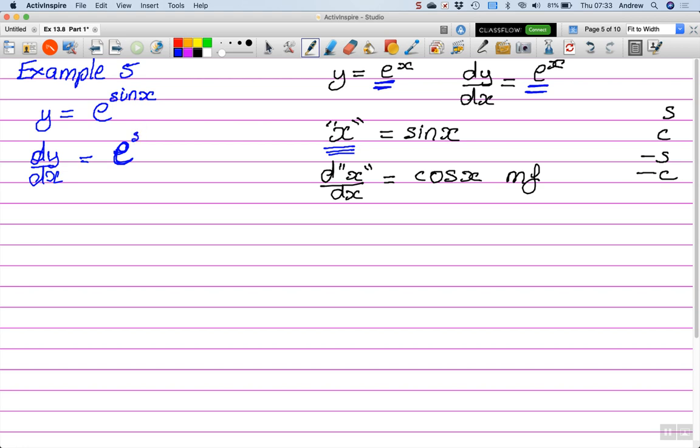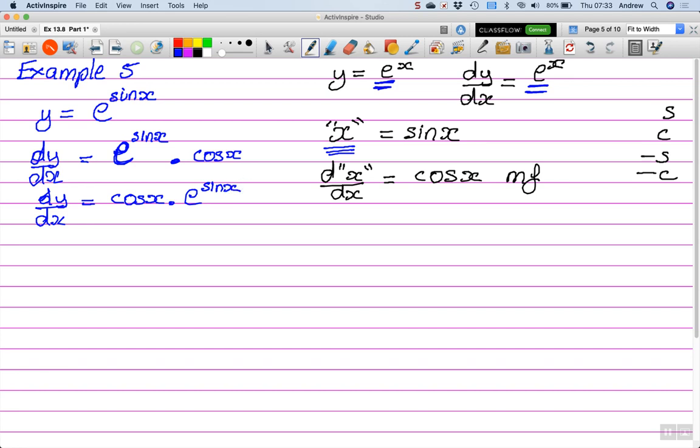It's sine x. What's the multiplying factor? The multiplying factor is cos x. So now we've got dy dx is equal to cos x on e to the sine x. And that's method number 1.